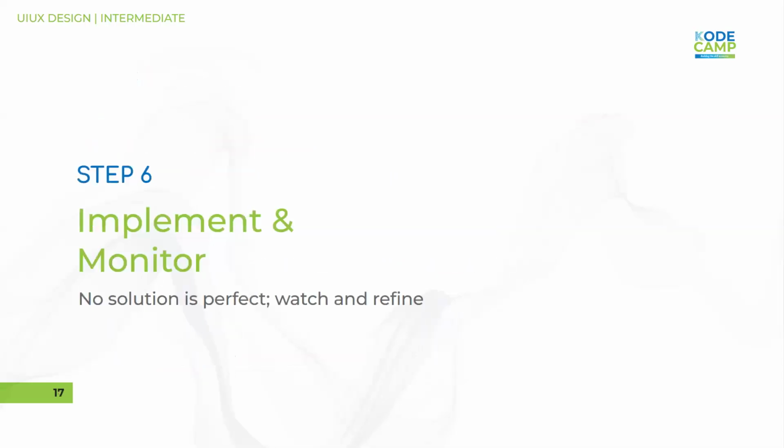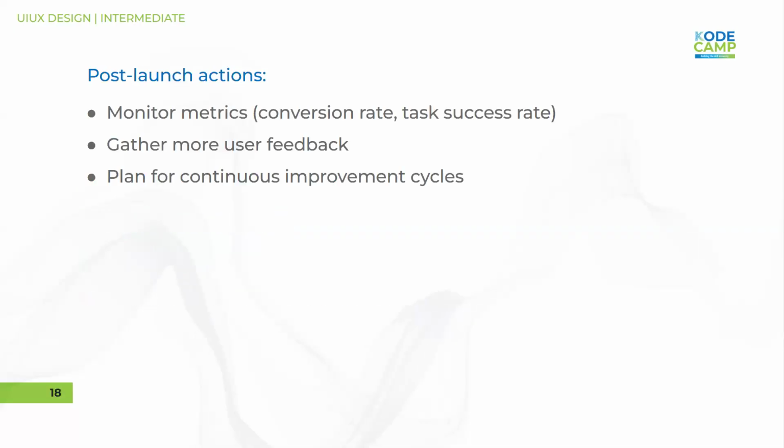All right, we move to the next step, which is step number 6. Implement and monitor. No solution is perfect, so watch and also refine. Even after you might have shipped the product, well, good job, but stay alert. Monitor the metrics, collect new feedback, and also plan for a continuous improvement cycle.